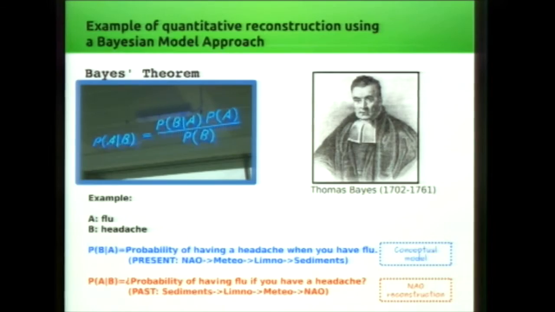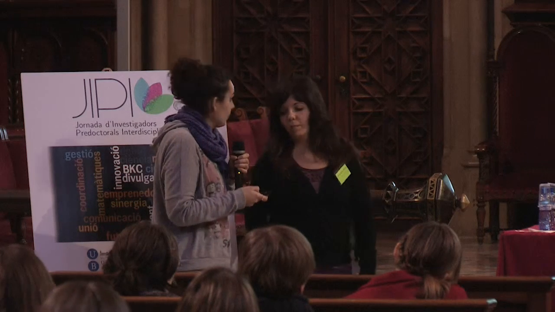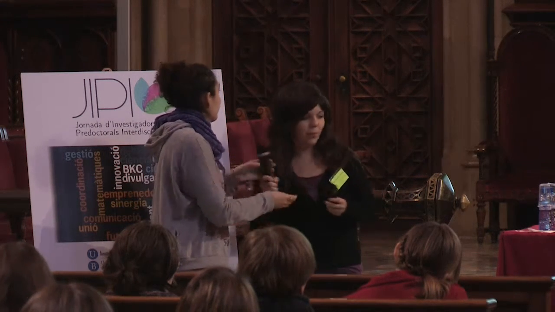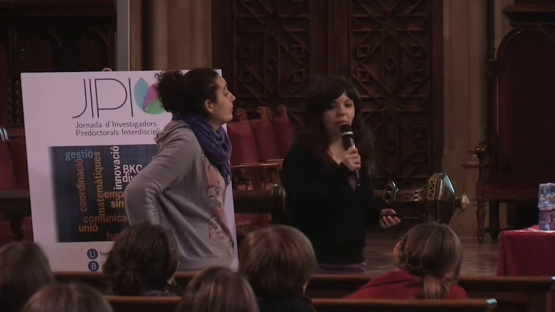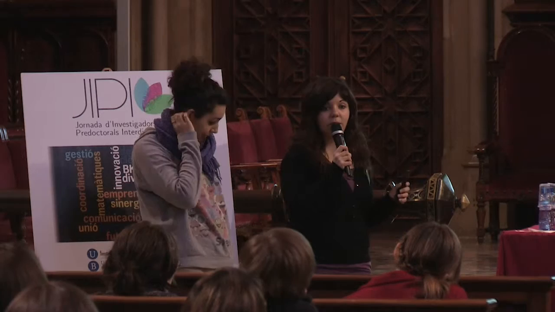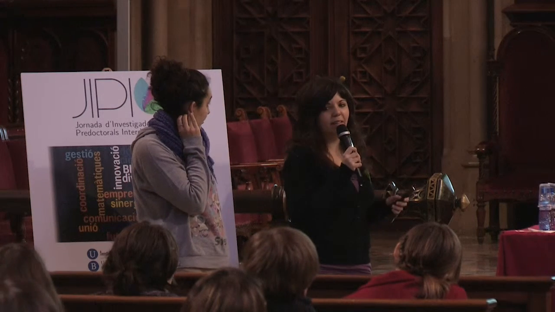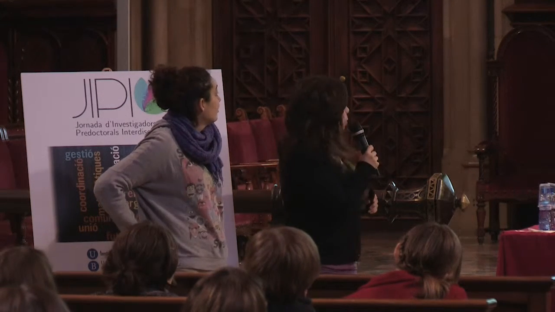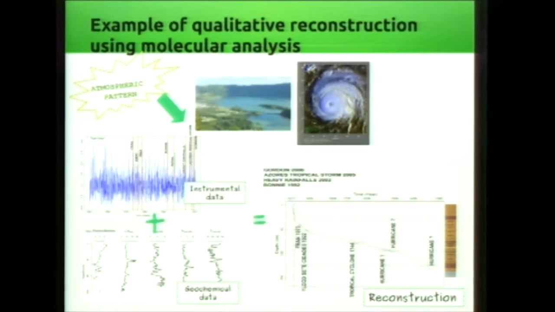And now María Jesús is going to explain her work. Thank you. Okay, Azul Lake is located inside Sete Cidades Caldera, an extinct volcano in Azores Island, exactly in São Miguel. Atmospheric patterns such as the North Atlantic Oscillation can provide the conditions to create tropical storms.